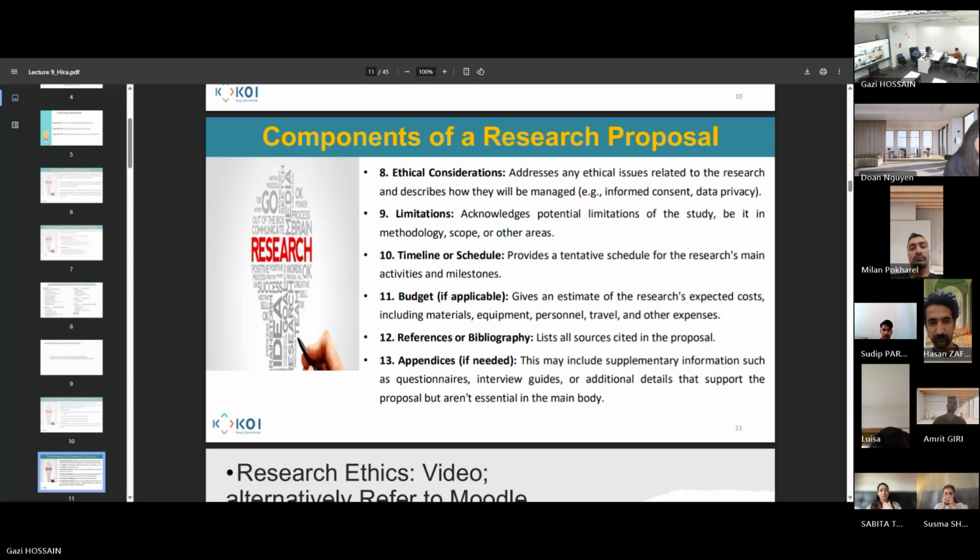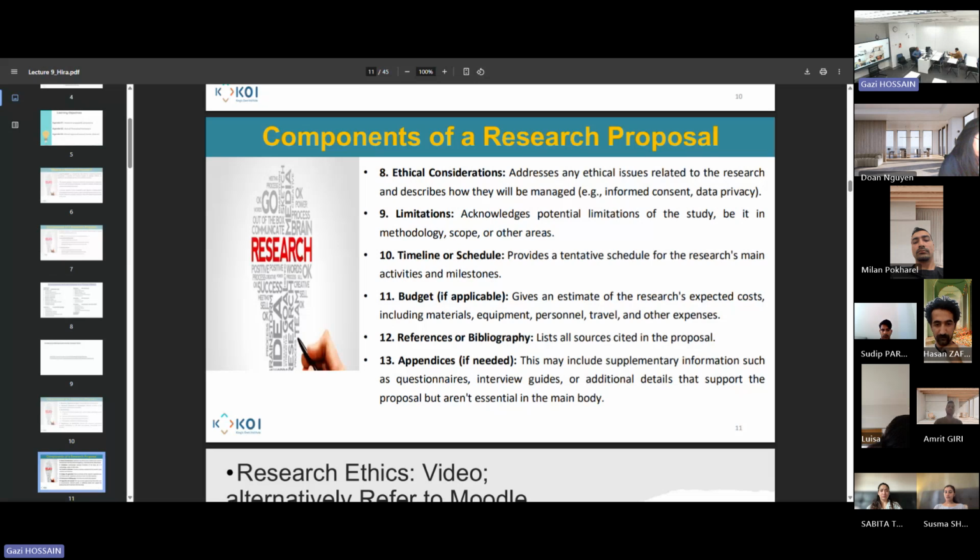Or sometimes, say we are collecting data from Amrit or Milan or Sudip or Savita or Susma, and due to the sensitive data you give us, you lose your job. Your manager says, how come you provided this very sensitive data to the researcher, and you lose your job?